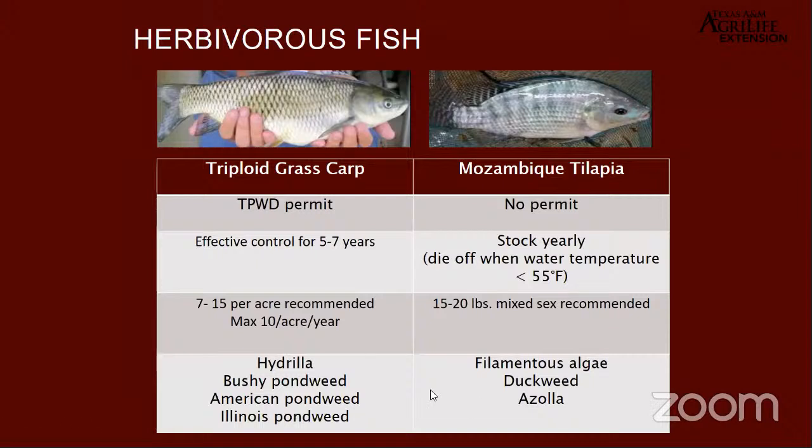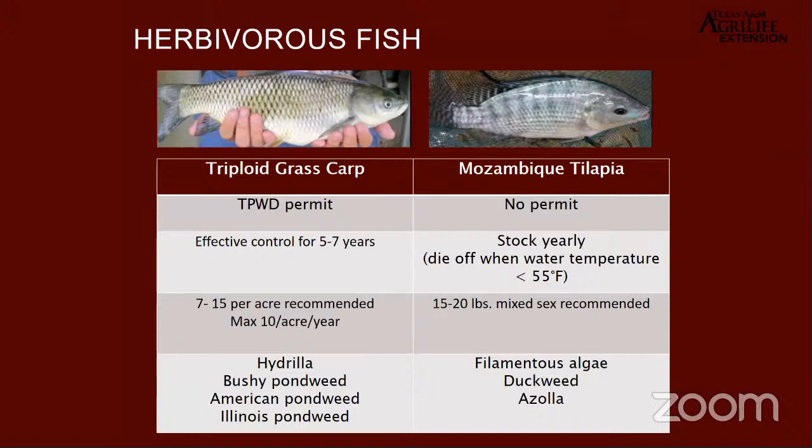You will see at the bottom some of the species that they're effective at controlling. And I like to put kind of a mix of this because a lot of people think that these fish will just consume any aquatic vegetation. Well, they do have palates, just like humans. And so certain species, even if they're submerged in the water, they're not going to control effectively.